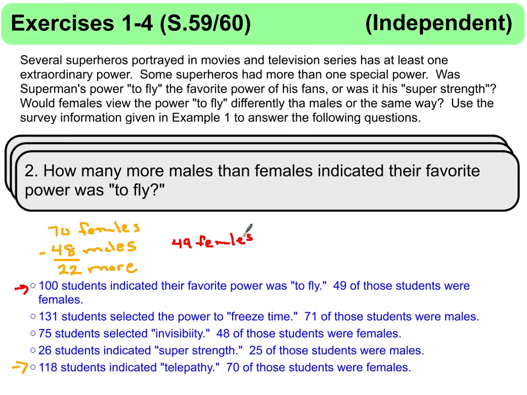And that means if we did 100 minus 49, that would be 51 males that voted that as their favorite superhero power. And so if we subtract that, that would mean 2 more males than females selected flying as their favorite superpower.